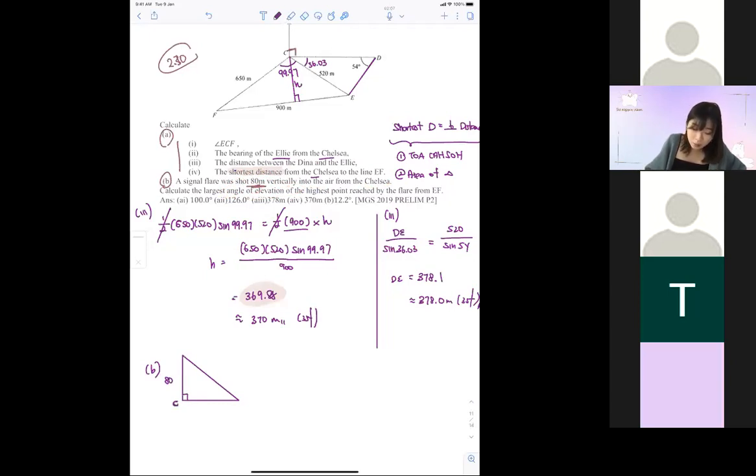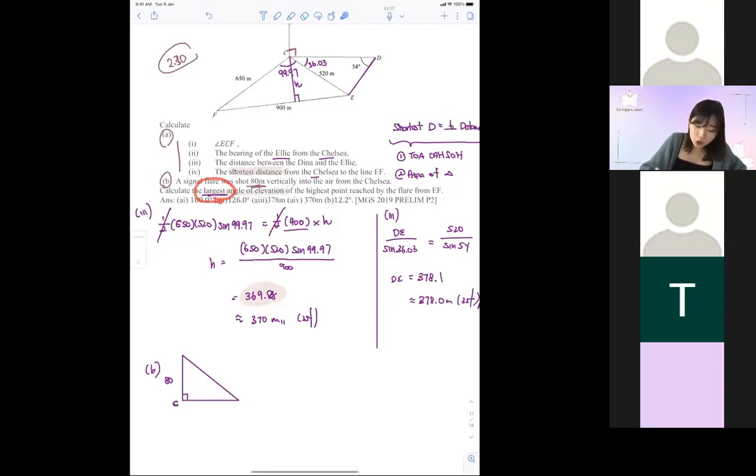Then I want to find the largest angle of elevation. If you have a very tall friend and you want to look at him, as you go closer to him, you need to tilt your head more to look at him. As you walk further from him, you tilt your head less. So angle of elevation is how much you need to tilt your head. The angle of elevation will be the largest when you are nearest to him, standing next to him.